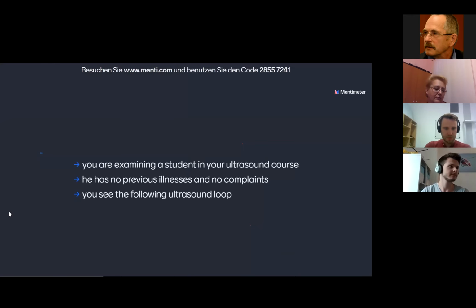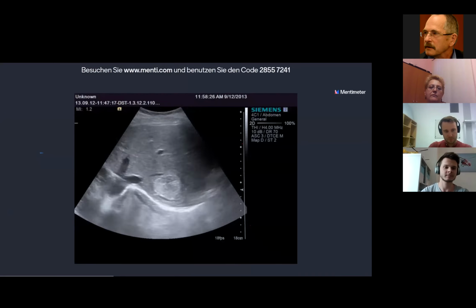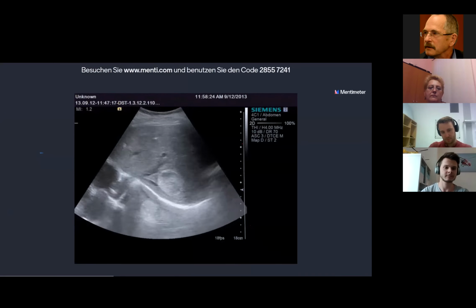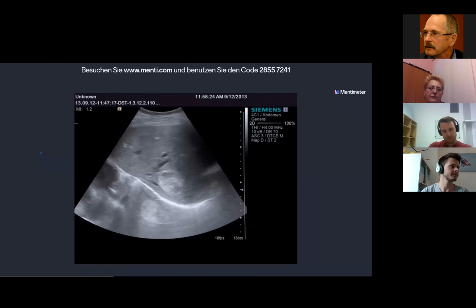You examine a student. The ultrasound shows no previous illnesses and no complaints, a young student, maybe 22 years old, and you see the following thing in the loop. Hemangioma.